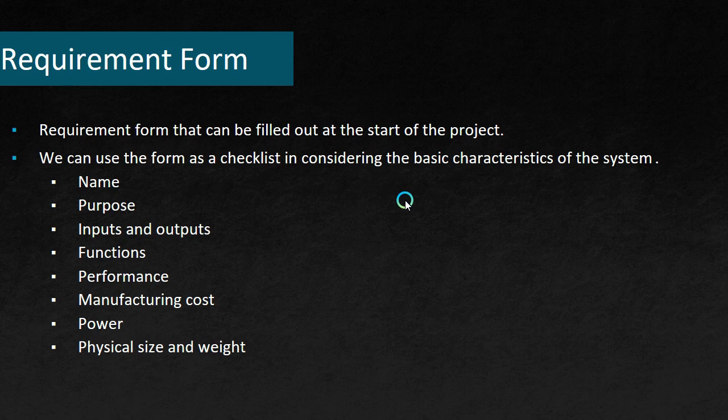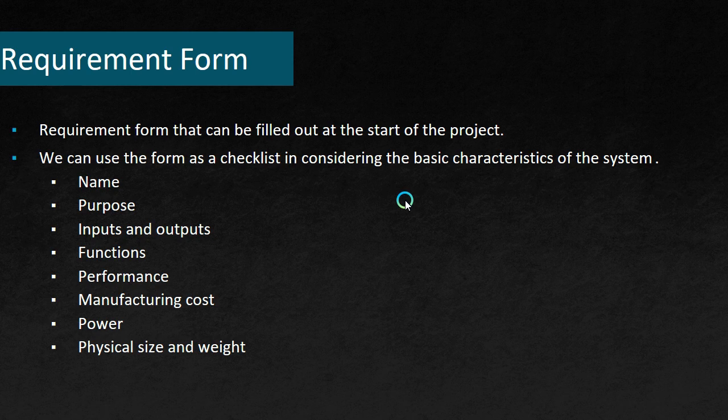Manufacturing cost includes primarily the cost of the hardware components. Even if you don't know exactly how much you can afford to spend on system components, you should have some idea of the eventual cost range. Power: similarly, you may have only a rough idea of how much power the system can consume, but a little information can go a long way.